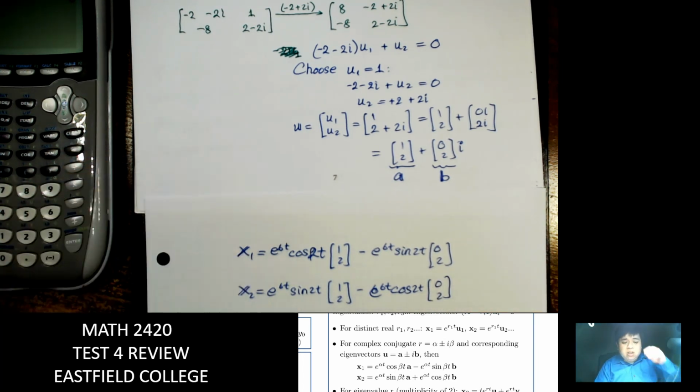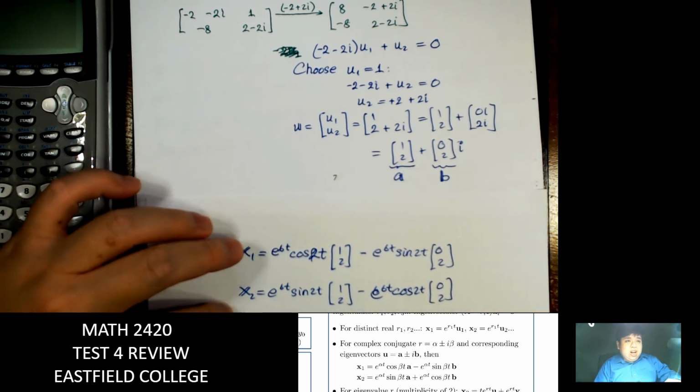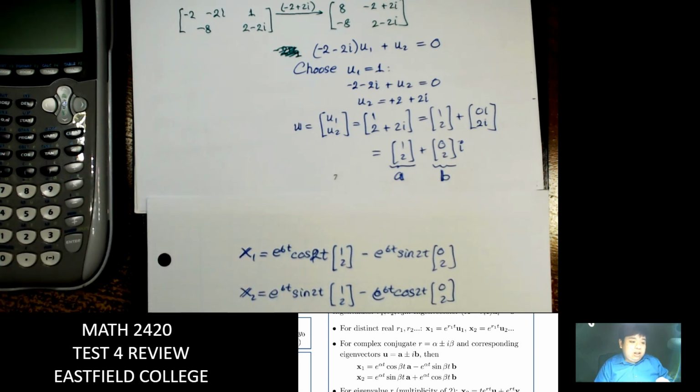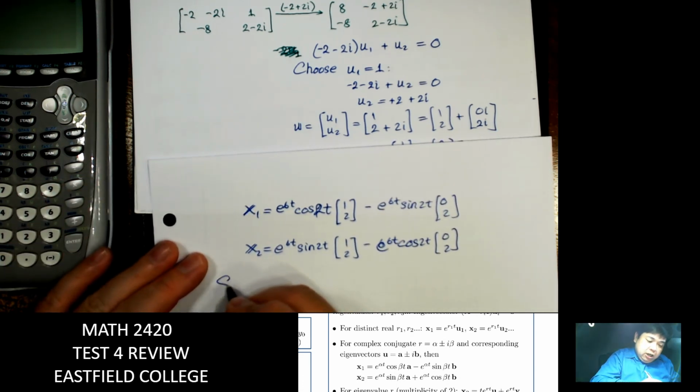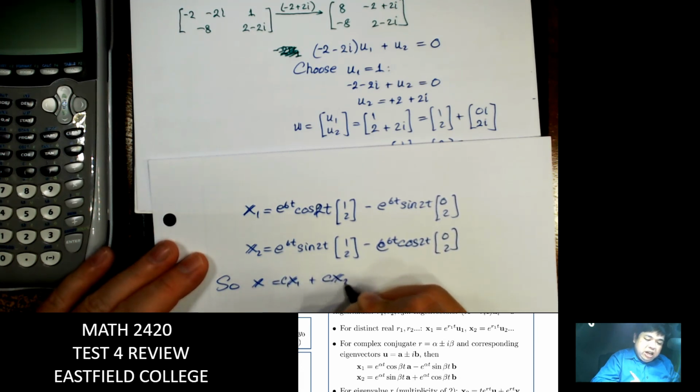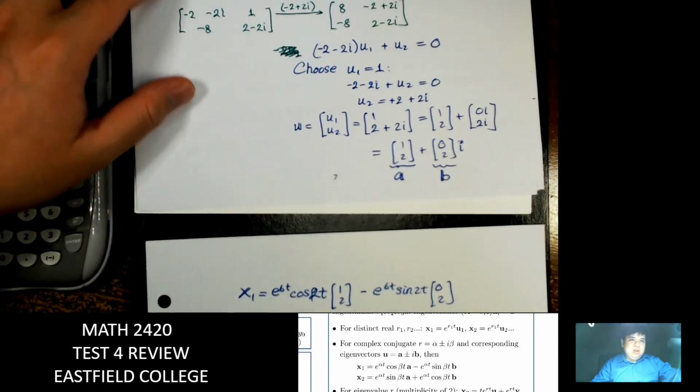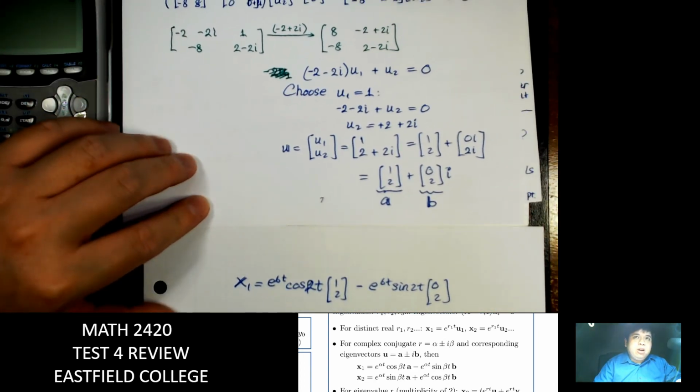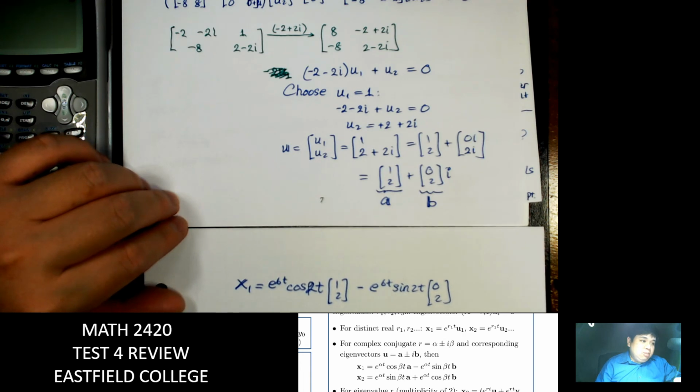Of course, we do the linear combination of this, we have the solution. So x equals c1 x1 plus c2 x2, and we just put that in here. So that is the case where we have the complex number, and that is number 10.